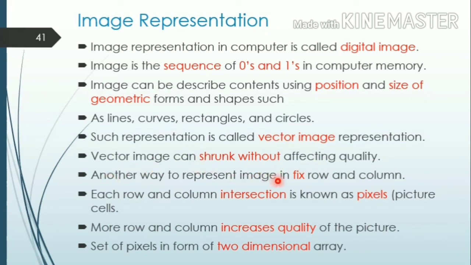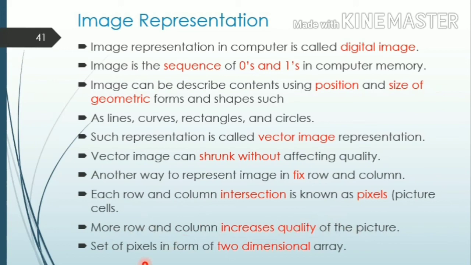Another way to represent an image is in a fixed row and column. Each row and column intersection is known as a pixel. Wherever the rows and columns intersect, that is called a pixel, a picture cell actually. More rows and columns increase the quality of the picture.